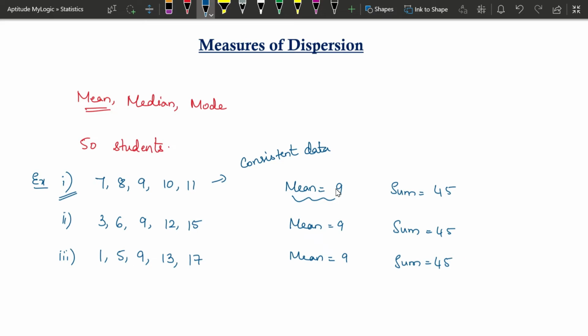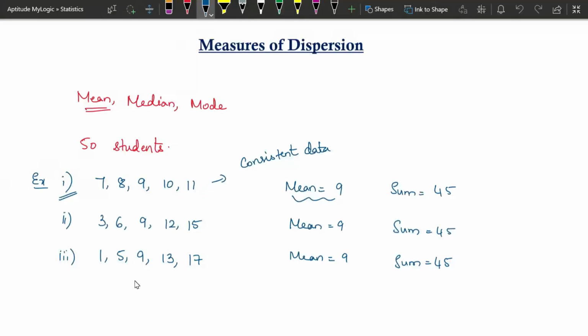Now the same thing happens with median. When I have a middle value, I will not know how the other values are spread. In this example, for all the three sets, median is also 9 because the middle value is 9. But if I check how far the other values are from the central value, in the first set the values are closely situated around this mean or median, whereas in the other sets they are much farther away.